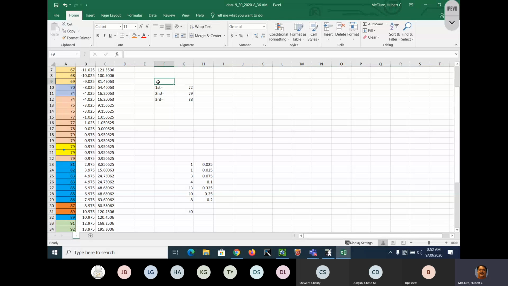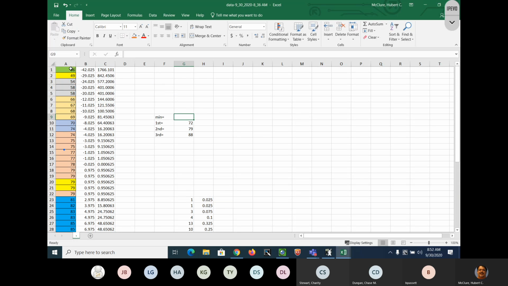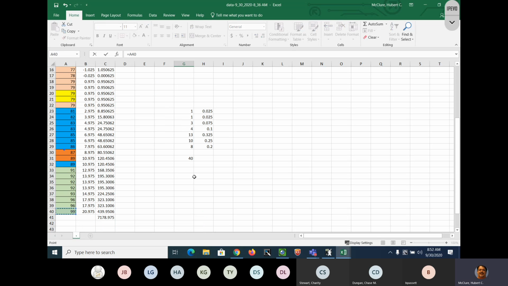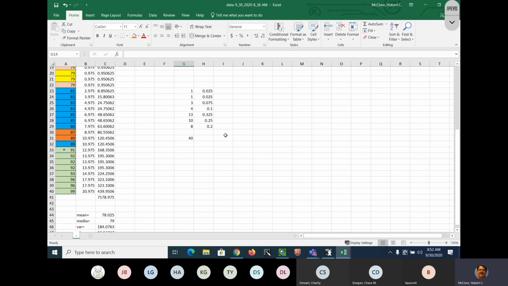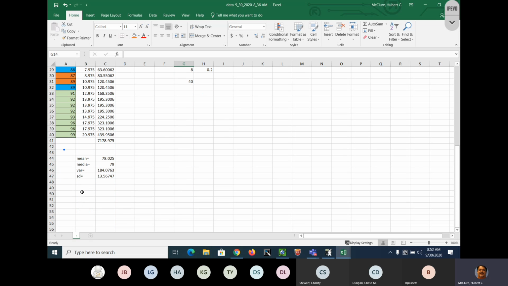And of course, the min is going to be equal to that number. And then the max is going to be equal to this number down here. We might as well go ahead and find the mid-range, because we're going to have the mid-range to do the box plot, which they're probably going to ask that next.